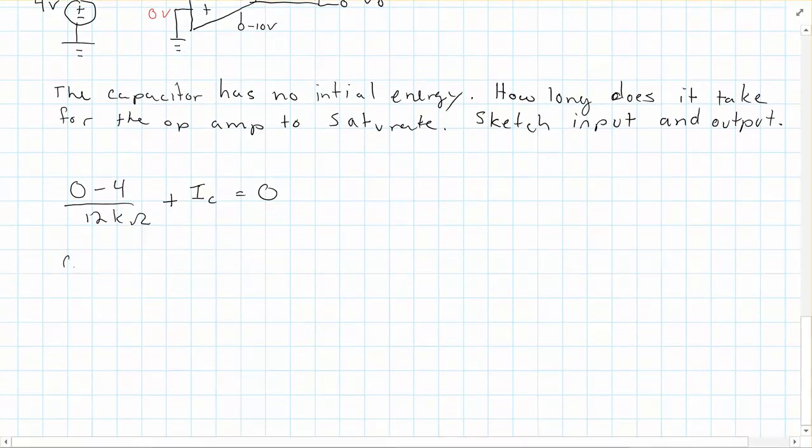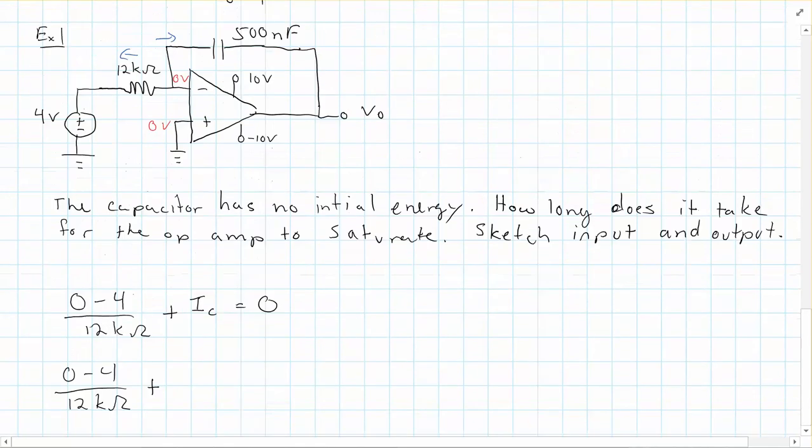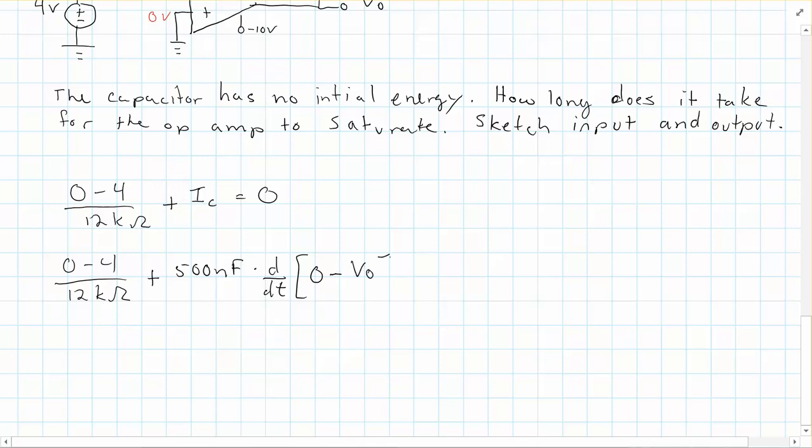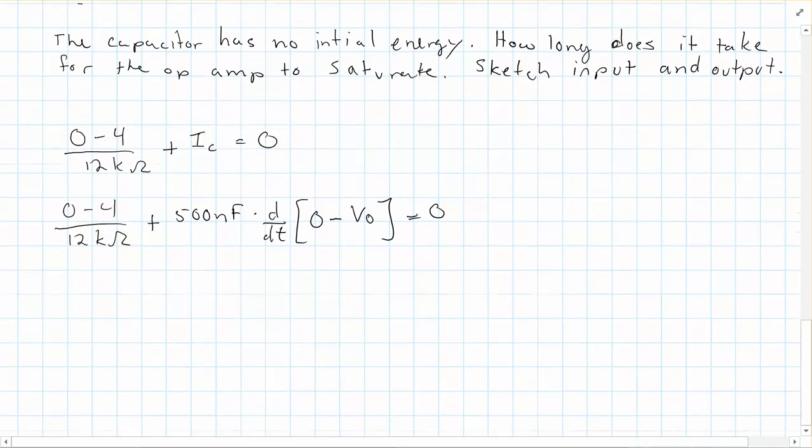And so we'd have 0 minus 4 over 12 kilo ohms plus my capacitance, which is 500 nanofarads, times the derivative with respect to t of the voltage across the capacitor, which is 0 minus my output voltage. And then this is equal to 0.